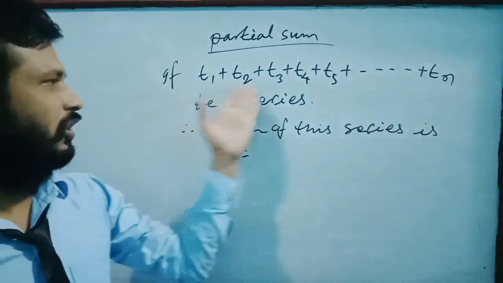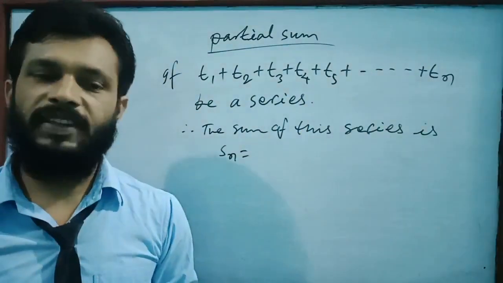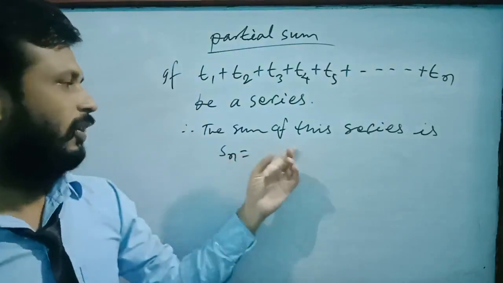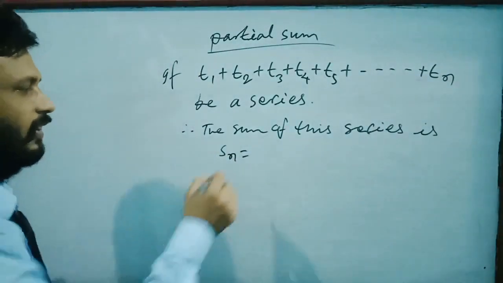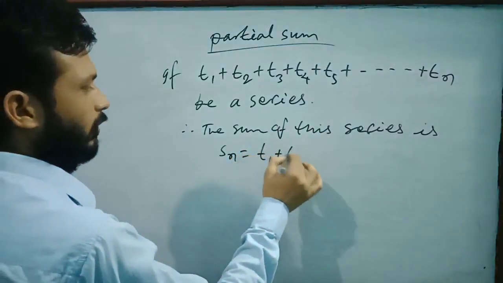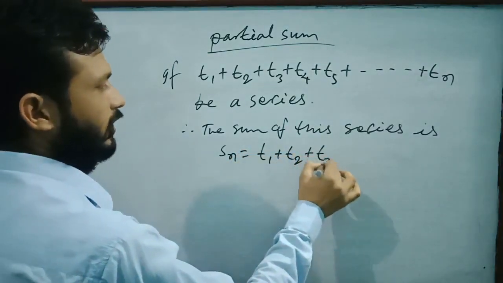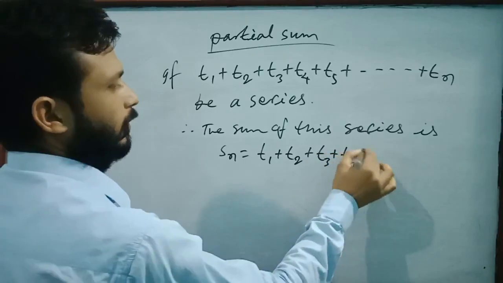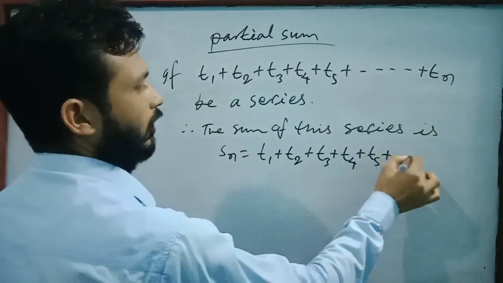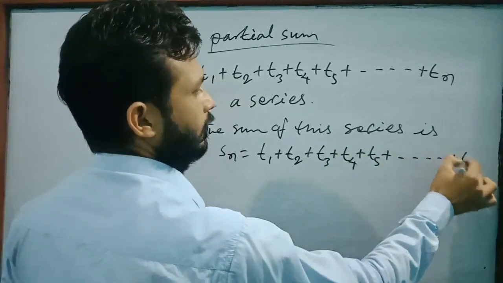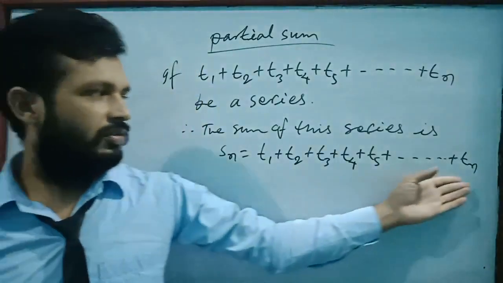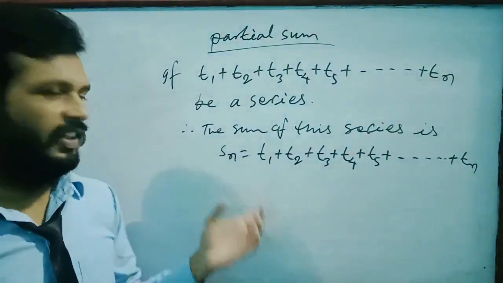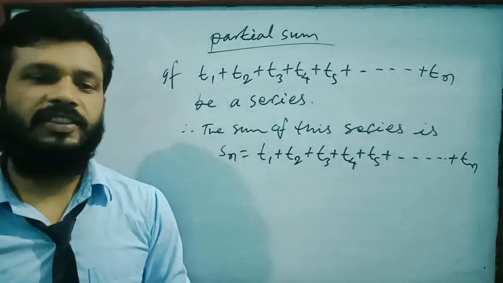Here the total number of terms is n, so the sum of this sequence is Sn equal to T1 plus T2 plus T3 plus T4 plus T5 plus up to Tn. Understood?